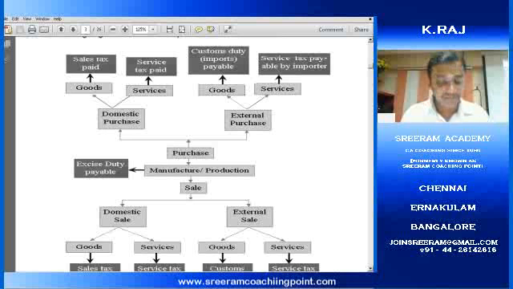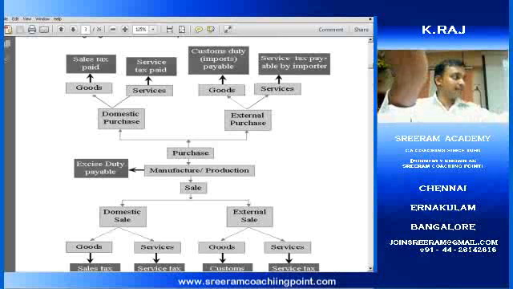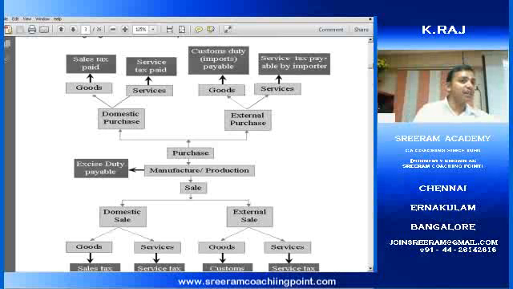So in case of goods, when we have purchased goods, sales tax paid. See there? What does sales tax paid mean? It means we have paid it to the seller. Then we will come across a term called sales tax payable. What is sales tax payable? We are not paying it to the seller, but we are required to pay it to the government. That is the difference between payable and paid.